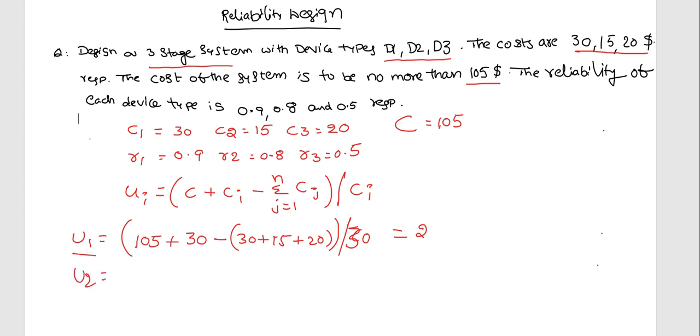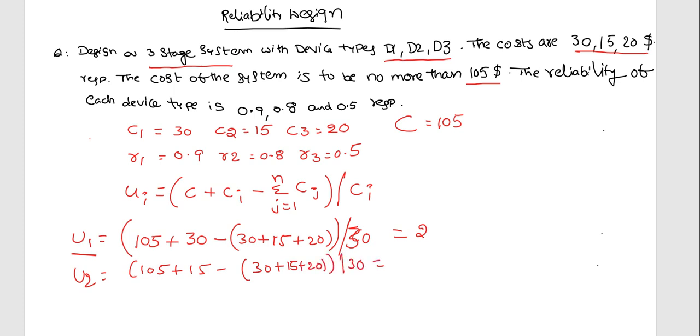What is the meaning of this? At stage 1, which automatically means device 1, we are making a maximum of 2 copies of device 1. Similarly, U2 is 105 plus 15 minus 65, divided by 15.